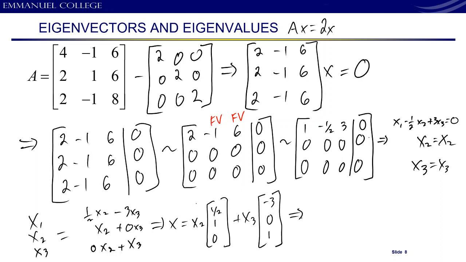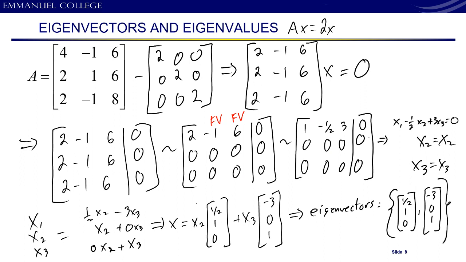So we actually have 2 eigenvectors in this case. They are 1/2, 1, and 0, and negative 3, 0, 1. So these 2 vectors are the basis for the eigenspace. Because remember, the eigenspace is just the null space for what we ended up doing.